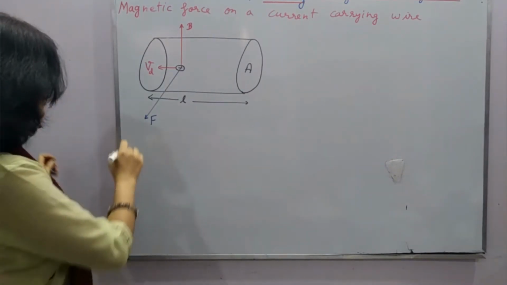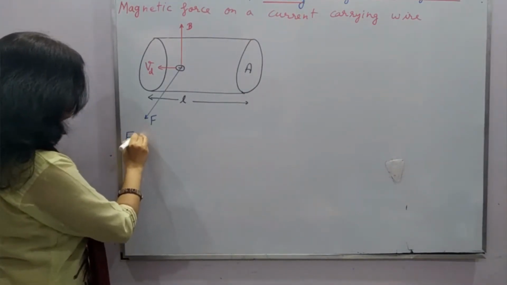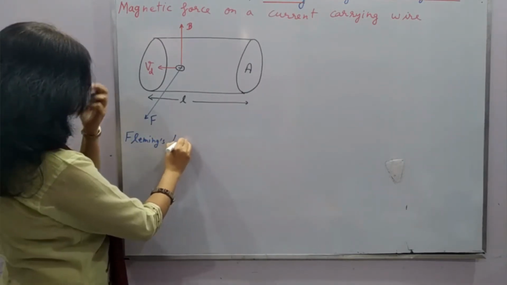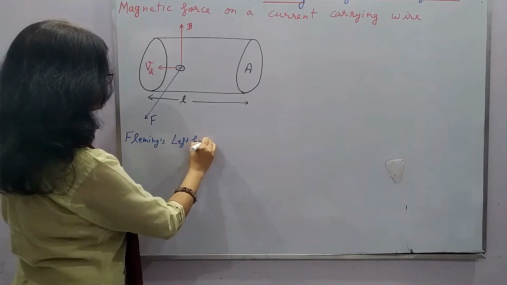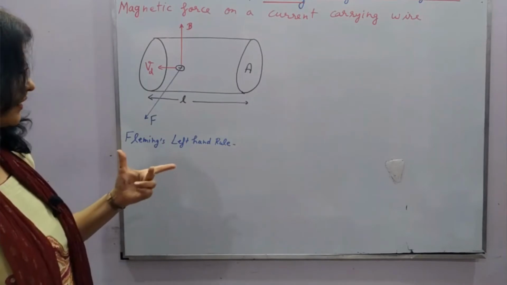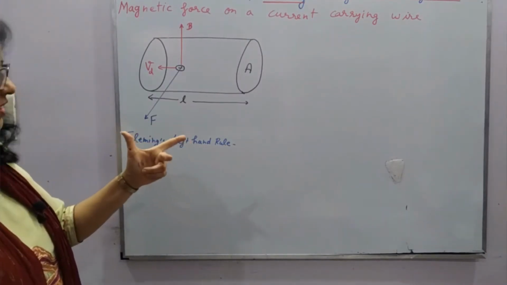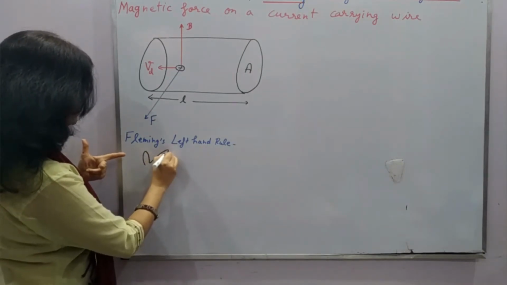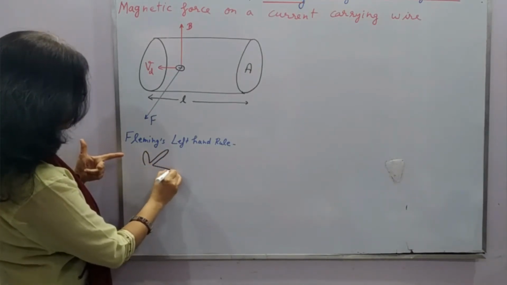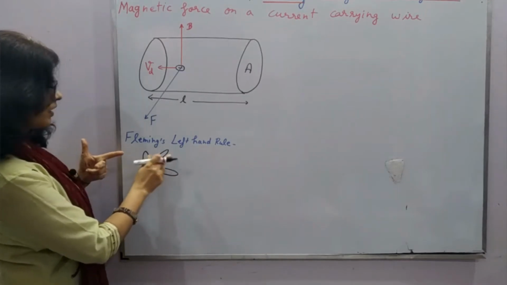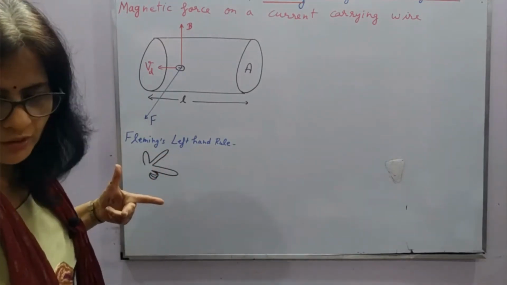So let's recall here Fleming's left hand rule, though you have studied this in 10th standard. If we stretch the left hand such that the thumb, the first finger and the middle finger are mutually perpendicular to each other.